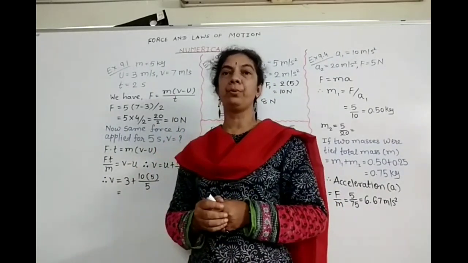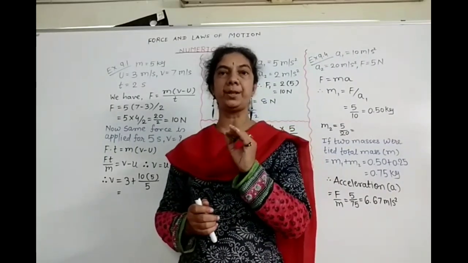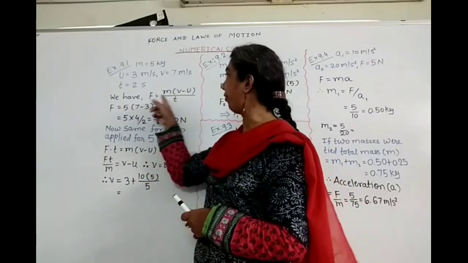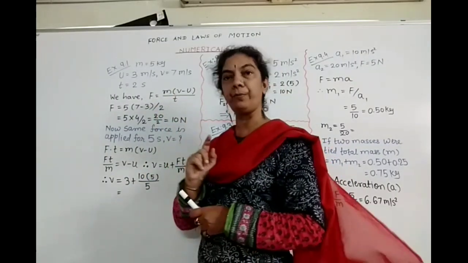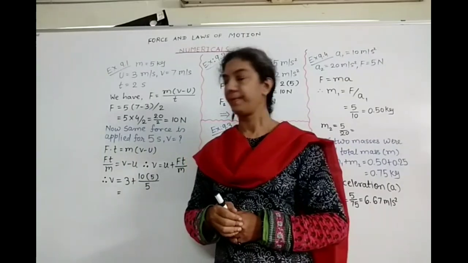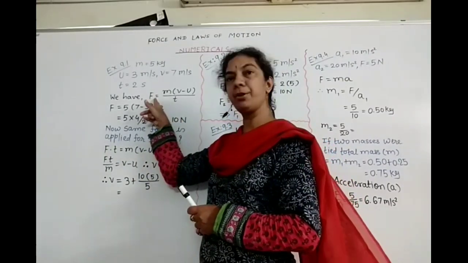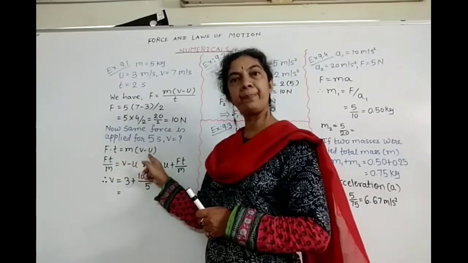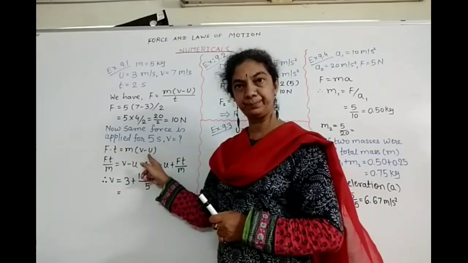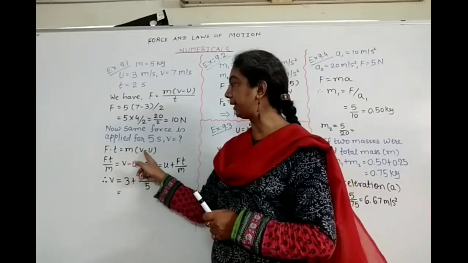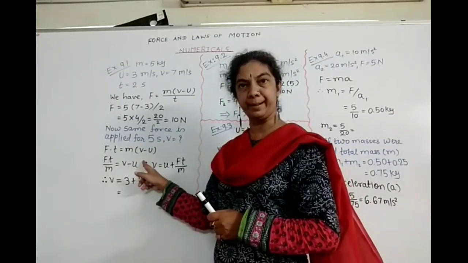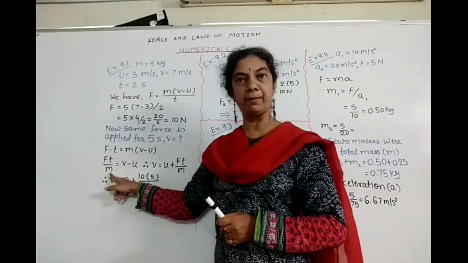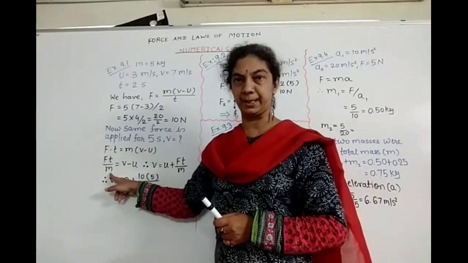Here we need to make some changes in the formula. We have to start with this same formula, F equals to m into v minus u by t. If I am taking this t on this side, I am getting F into t equals to m into v minus u. This m is in multiplication to this bracket, so if I will take this on the other side of the equal to sign, it will be in the division.